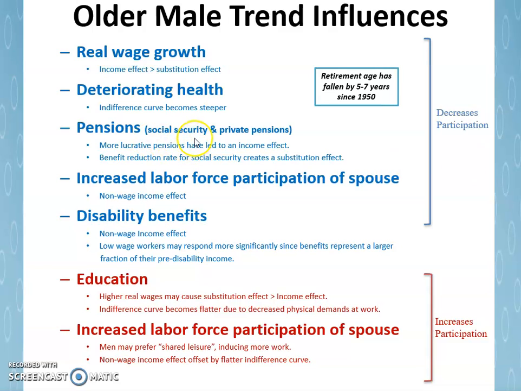Since Social Security was around during this period of decreased older male participation, the program itself didn't contribute to less working by older males. But there is a component of it that may have, and this is the benefit reduction rate.